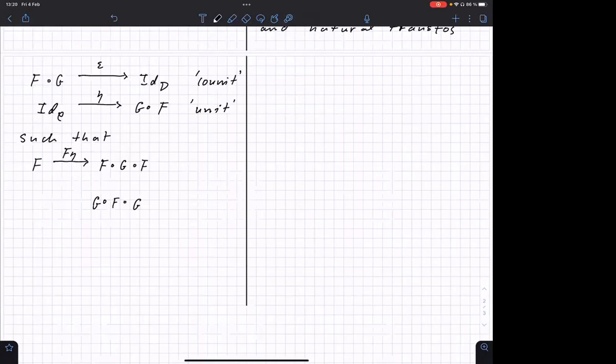Or I could read the triple composite as having arisen from precomposing the co-unit on F. So I could have applied the co-unit to F, and that would get me to F as well. So this here should be the identity.